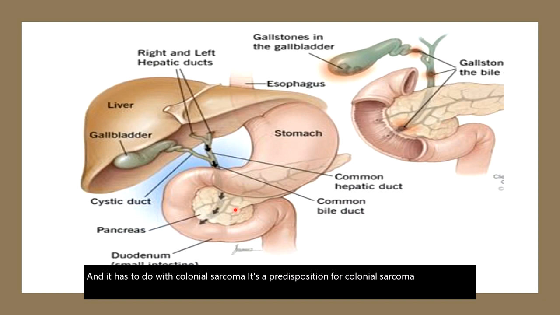Okay, if the obstruction is close and it will affect the pancreatic duct, it will produce a pancreatitis, and also it will produce obstruction of the bile duct with the corresponding consequences over the liver.